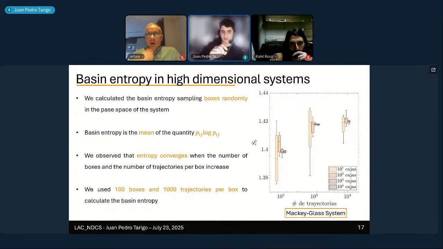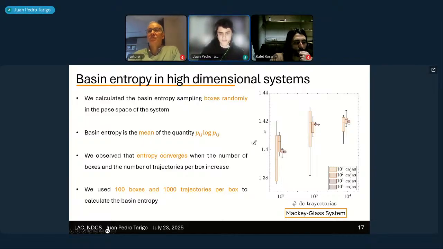So what we do is sample random boxes in phase space, in this very high dimensional phase space, and we compute the Bayesian entropy of those boxes. And because Bayesian entropy is the mean of this quantity, it should converge to some value if given enough boxes.